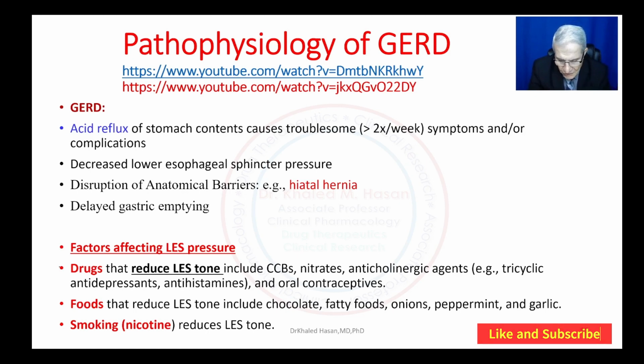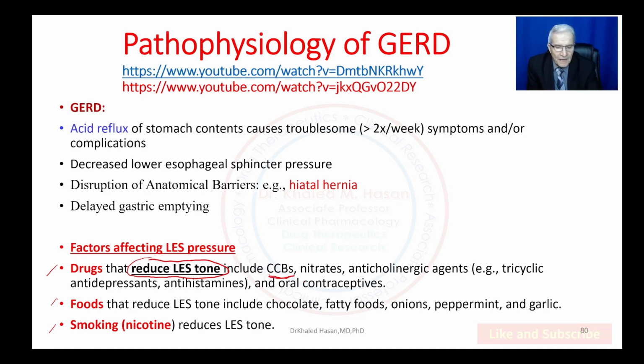So for example, drugs sometimes may cause GERD. Food and smoking also play a significant role in GERD. Some drugs lower esophageal pressure. We have calcium channel blockers, CCB, nitrates, and anticholinergic medications such as tricyclic antidepressants and antihistamines. Antihistamines, here we talk especially about first generation.